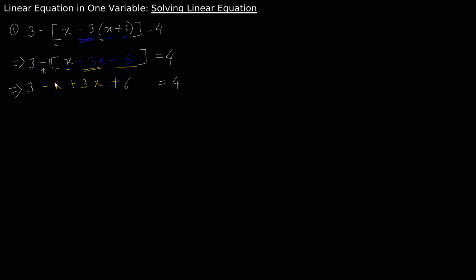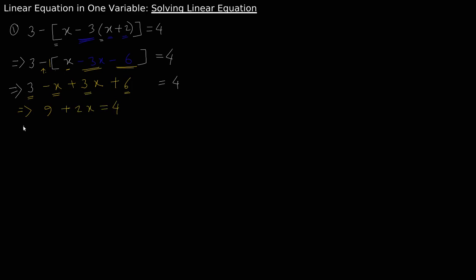Now I have a simple equation: 3 minus x plus 3x plus 6 equals 4. I can simplify a little bit. 3 plus 6 is 9, and minus x plus 3x is plus 2x, so 9 plus 2x equals 4.